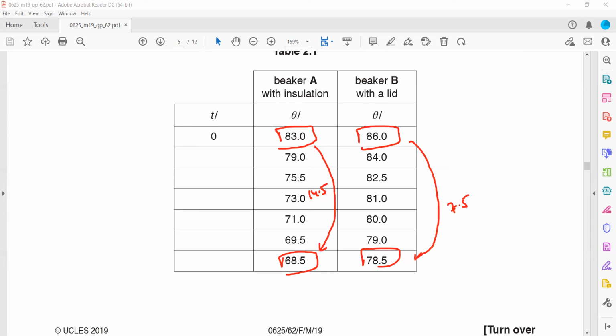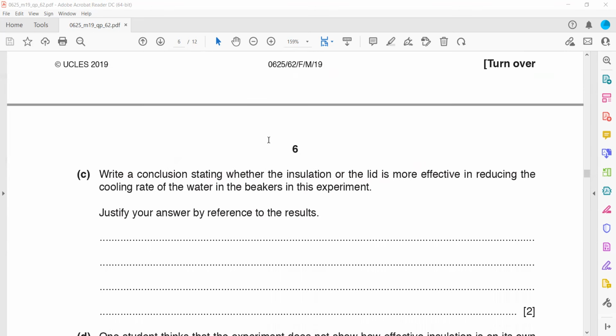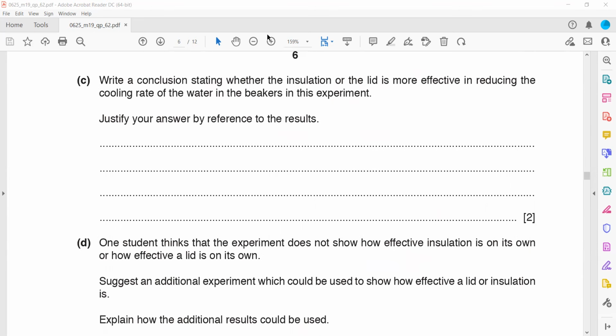So which is more effective, lid or insulation? When there is an insulation, the temperature changes by 14.5 degrees. But when we are using a lid, it is only changing by 7.5. So what it shows is that the lid is more effective in reducing the rate of cooling. So here, yeah, that's right. The correct answer is the lid is more effective.